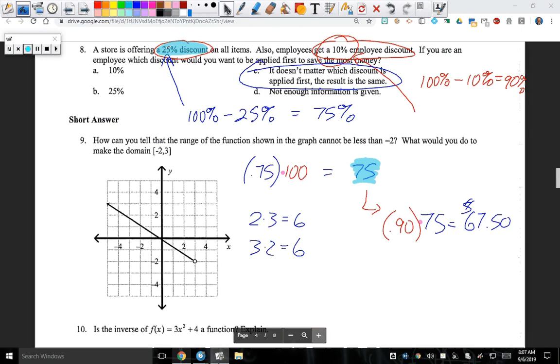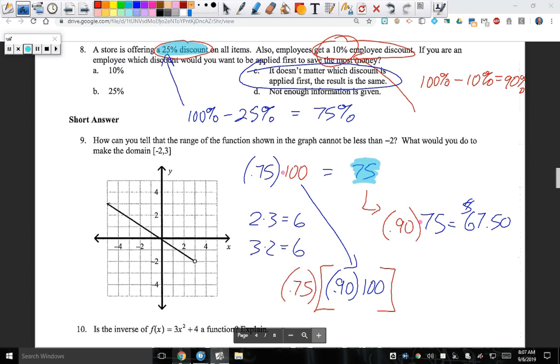Because had I applied the 10% discount first, I would have started at my original 100. I would have applied the 10% discount, which means I'm expected to still pay 90% of that. And whatever I got from that, I would end up multiplying by 0.75, because I'm multiplying by the remaining 75%.